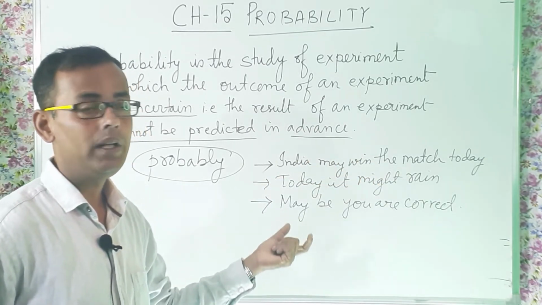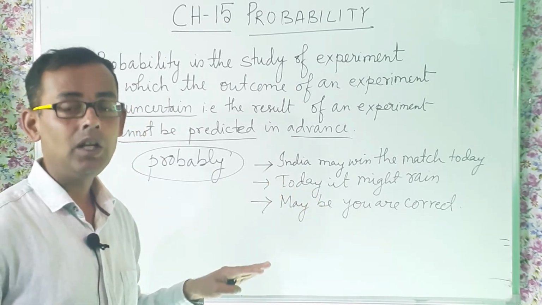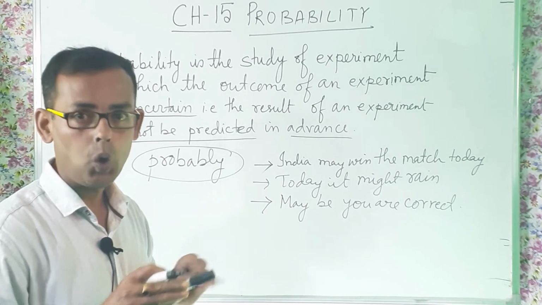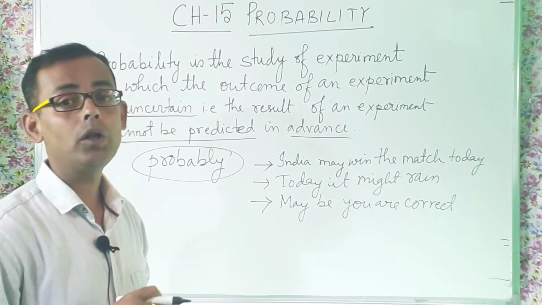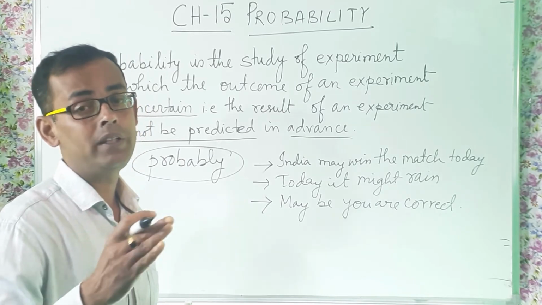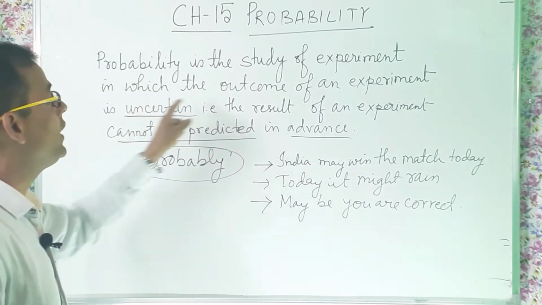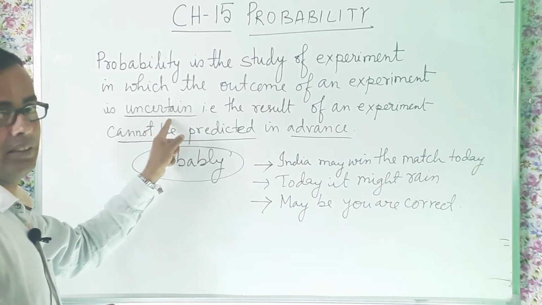India can win the match, India can lose the match, or there will be a draw, or the match can be suspended due to rain. So many things can happen, so you are not sure, that's why it is uncertain.